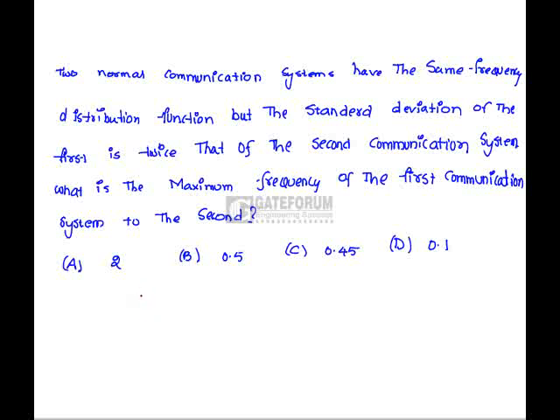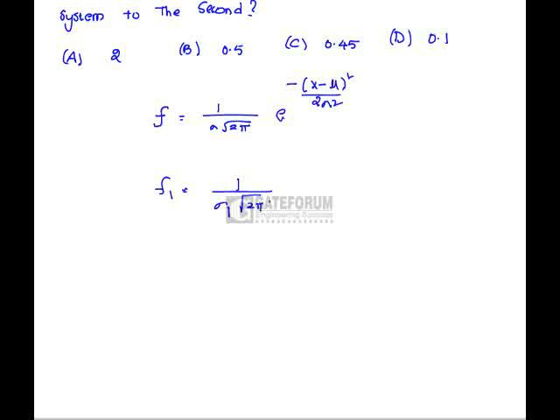the frequency distribution function f is given as 1 by sigma root 2 pi e power minus (x minus mu) whole square by 2 sigma square. So f1, for the first communication system, is 1 by sigma 1 root 2 pi.